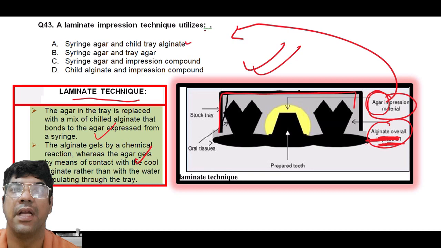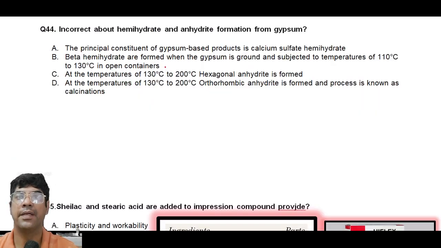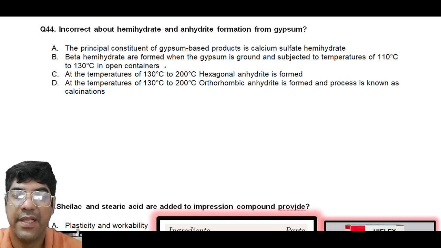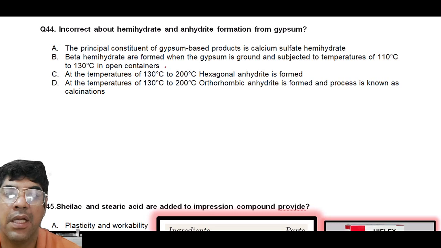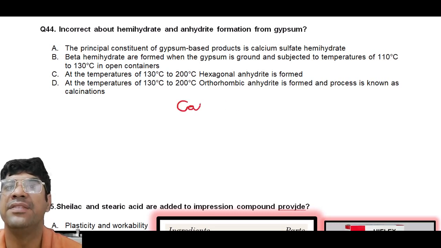So the answer is A. The incorrect statement about hemihydrate and anhydrate forms of gypsum is this. The process of heating gypsum for the manufacture of plaster is known as calcination.